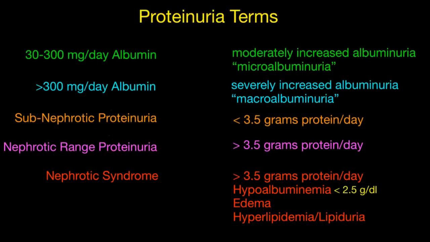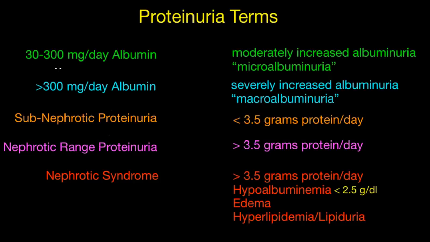Okay, it is helpful to know these terms because you're going to hear these thrown around next year and in the future, and I want you to know what you're hearing and what it means. The normal amount of albumin excreted per day is less than 30 milligrams per day. Above that range, it's abnormal. Here's how we break it down.